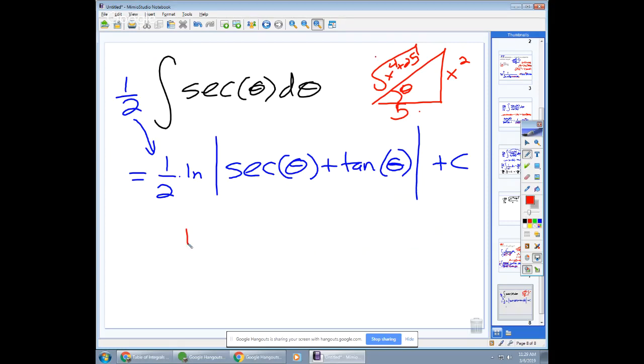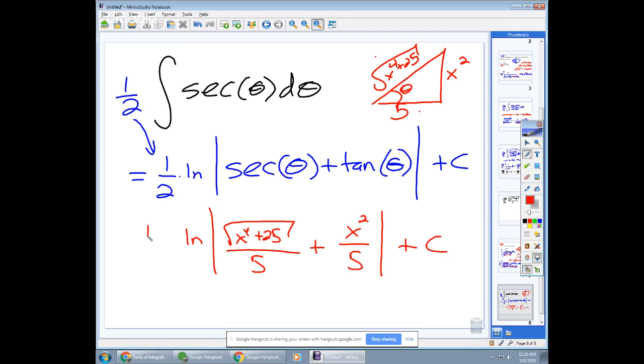So that means inside the natural log, instead of a secant, we're going to have the square root of x to the 4th plus 25 over 5. The tangent is nice. That's just opposite over adjacent, so that's just x squared over 5. Put the 1/2 back in front. And we have an antiderivative. That wasn't too bad, aside from the weird integral of the secant.